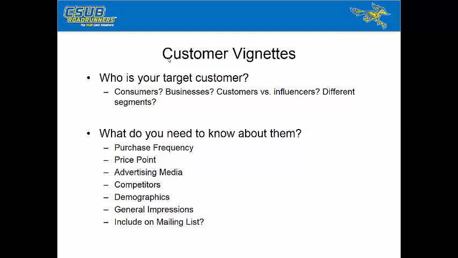As you start to talk to different customers, pay attention to common themes that are coming up, age-wise, income level-wise, in terms of the price point that they're willing to pay, things like that.